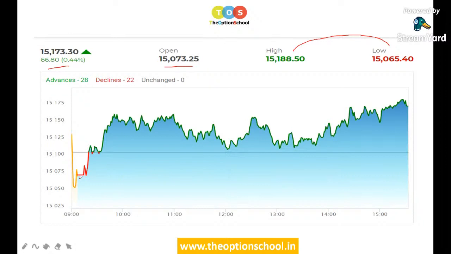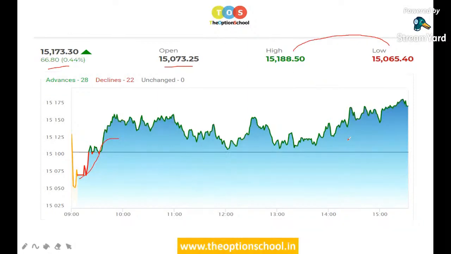But then markets recovered pretty quickly and were traveling in the positive zone only. Once the markets had gone past yesterday's closing of 15,106, there was no looking back, and the market maintained that positiveness for the whole day, 15,110 and above, closing at 15,173.